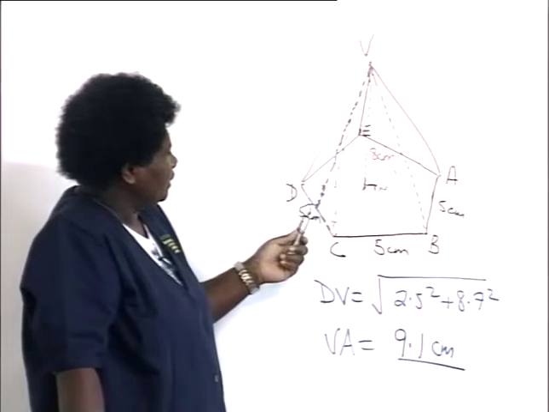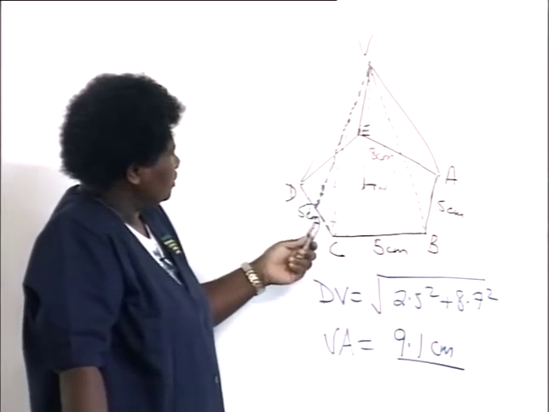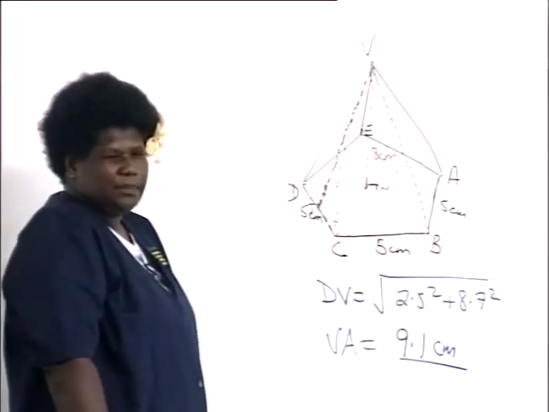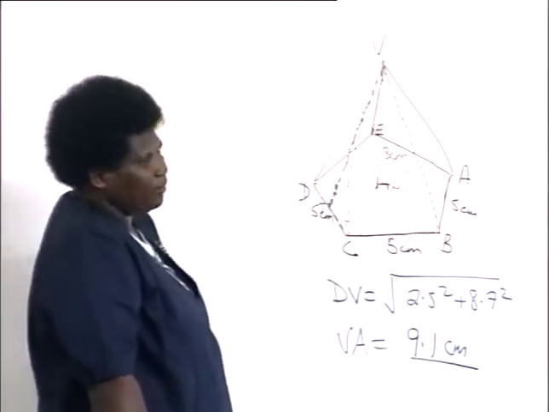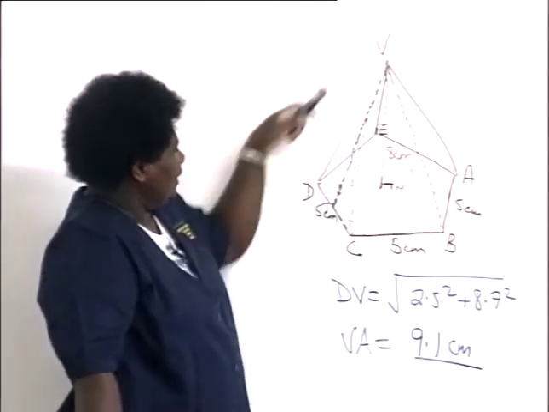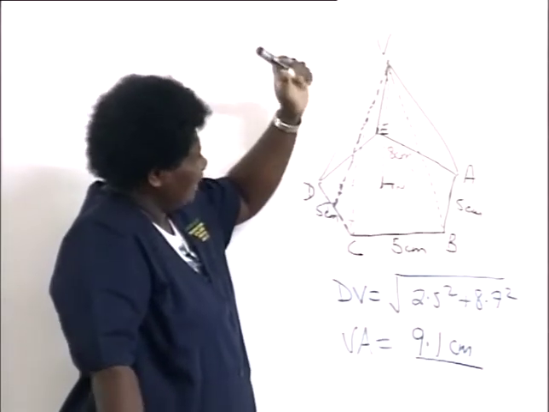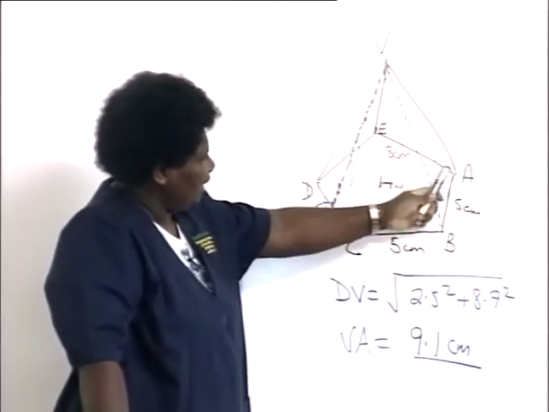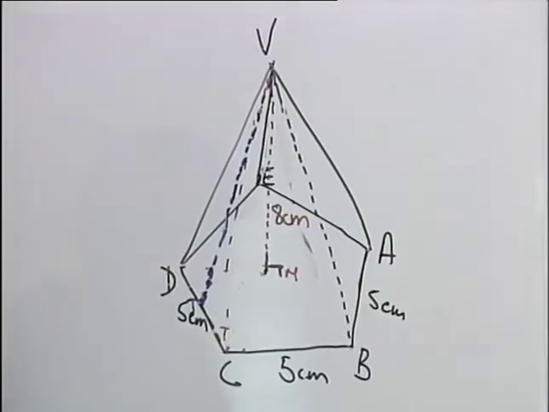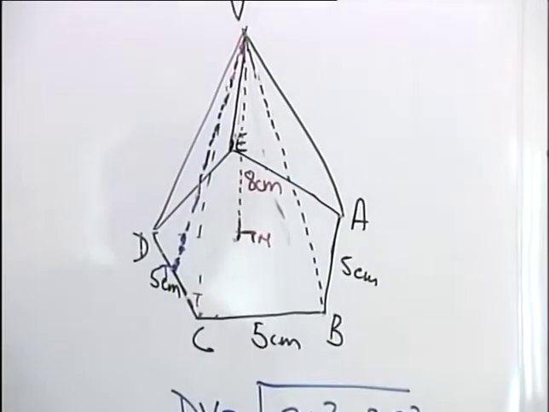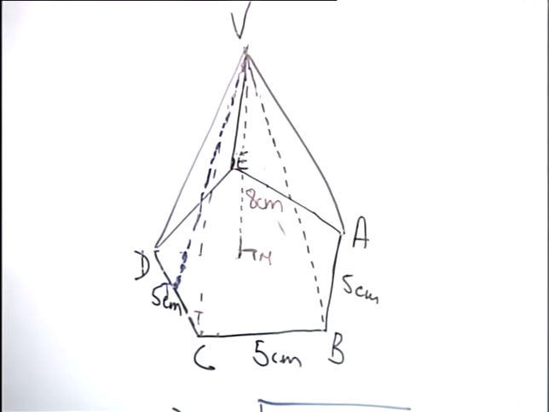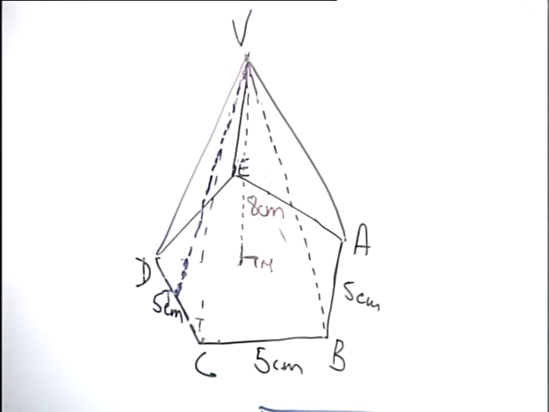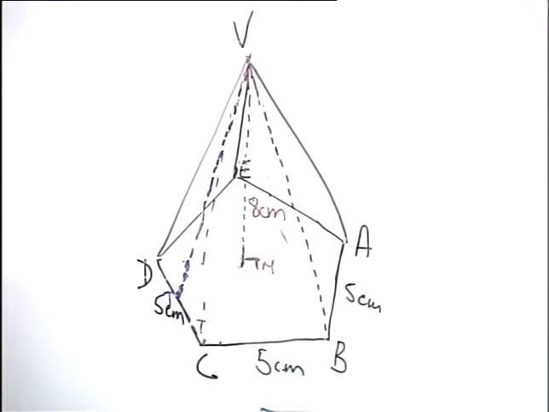It's the angle between the edge DC and the face VAB. I keep saying DC. I keep looking at the wrong one. It's the edge DV and the face VAB. The edge and the face VAB.